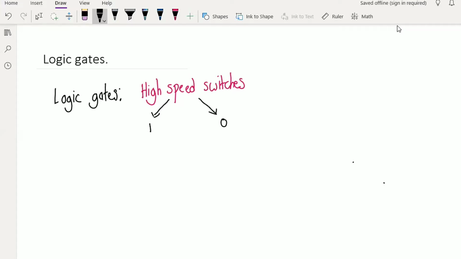Well, what does the 1 or 0 represent? Well, the 1 represents true, which means that the circuit and the component is at a high voltage state. And as a result of this, the circuit will act as if it is turned on.